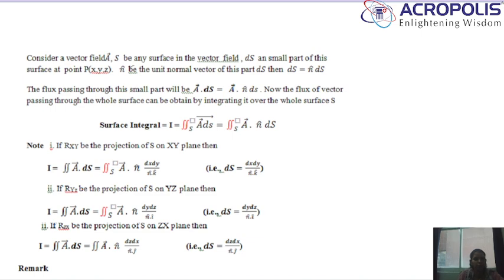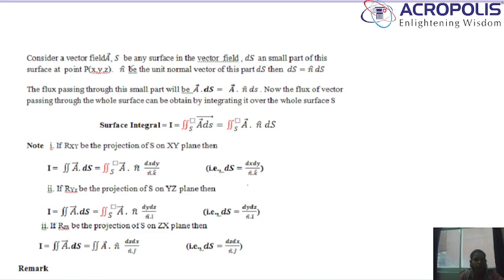Here this is R_xy. If R_xy is the projection of S on the xy plane, then the value of the surface integral, double integral of A dot ds, will be double integral over surface S of A dot n cap dx dy upon n cap dot k cap. Here we define ds in the xy plane as dx dy upon n cap dot k cap.